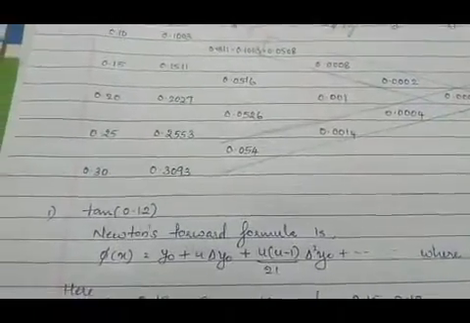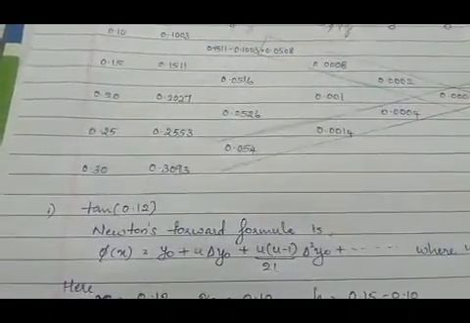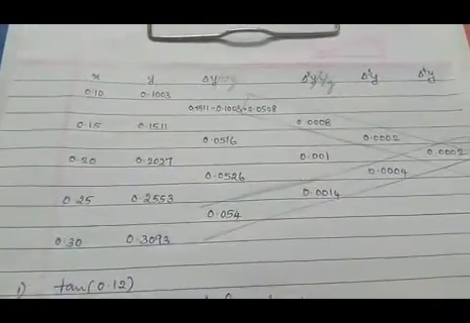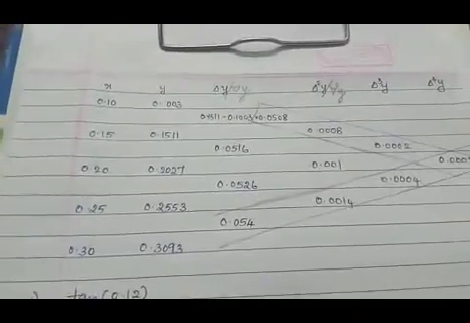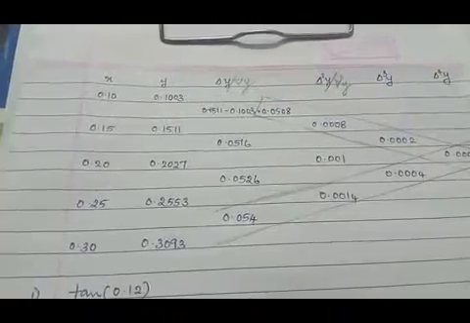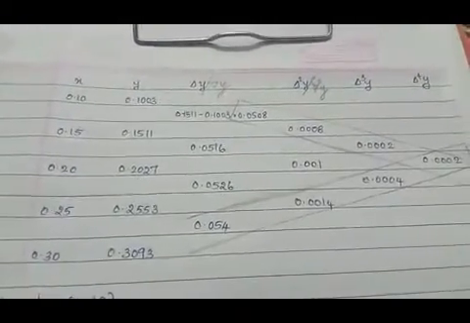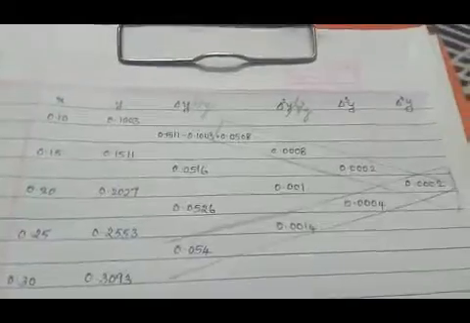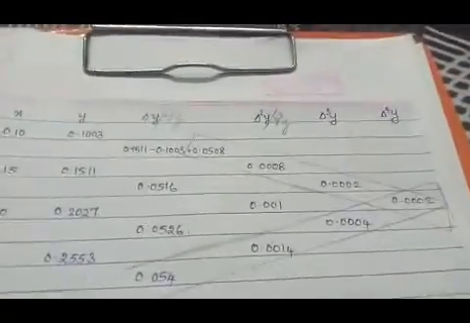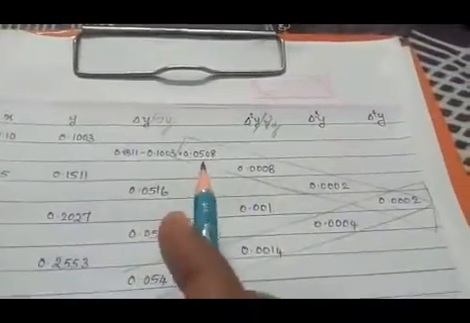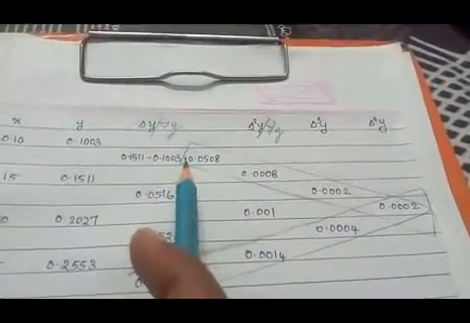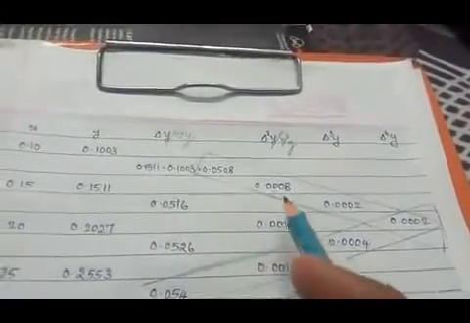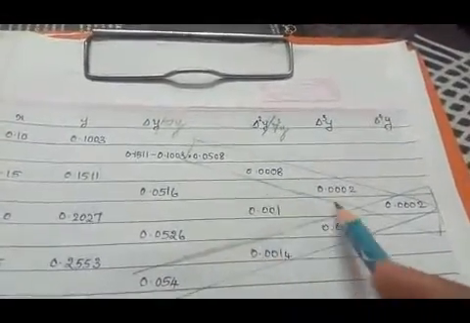Now we have to find the value of tan 0.12. Remember that we can use the same difference table for forward and backward interpolation. The only difference is that in forward interpolation, the leading differences are the first values of the differences in the table.